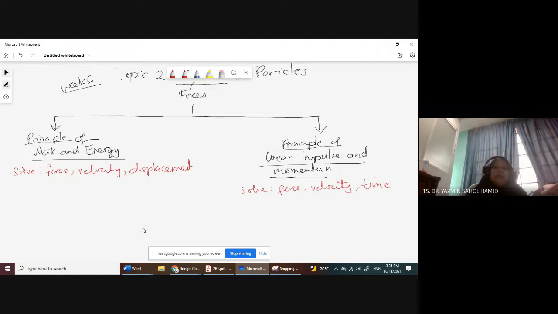So it's very simple. In the subject dynamics, the key thing for you to survive is to understand the output from using that method, that principle, and what you want to solve.